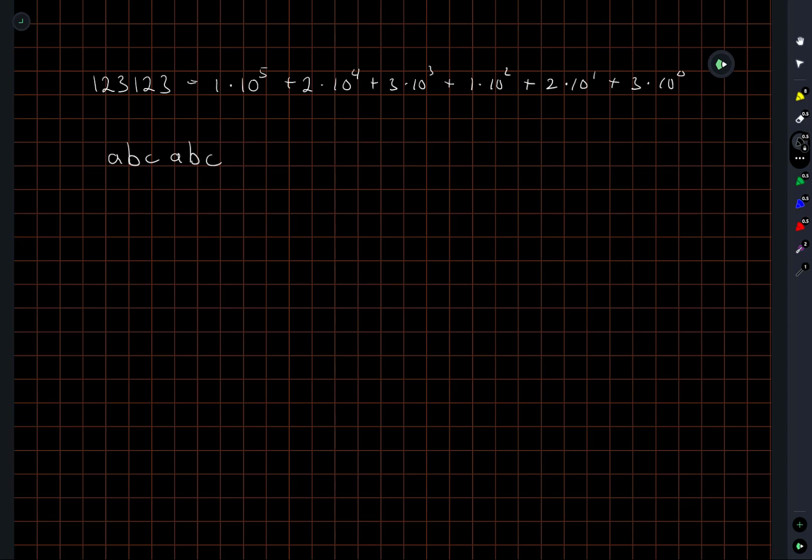I don't know whether this divisible by 13 thing will hold if A is equal to 0. I suppose maybe as we go through this, we'll figure out whether that's true or not. But A, B, and C are numbers between 1 and 9. And B and C, I suppose, certainly can be 0. It's questionable whether A can be 0. So let's just write out exactly what this means.